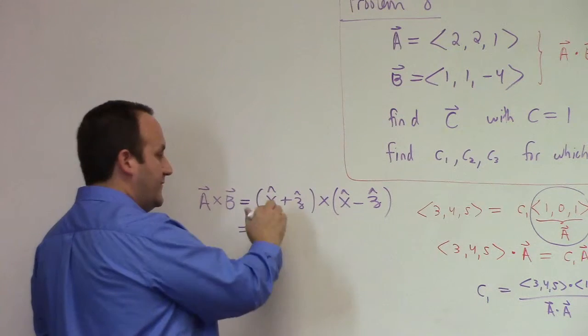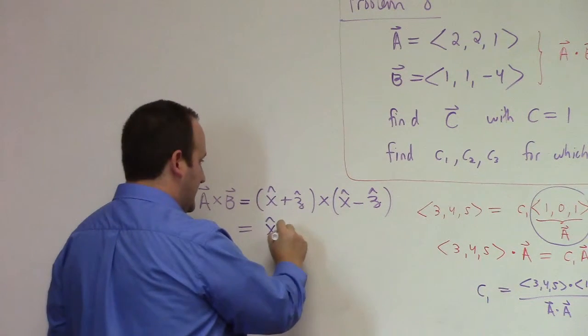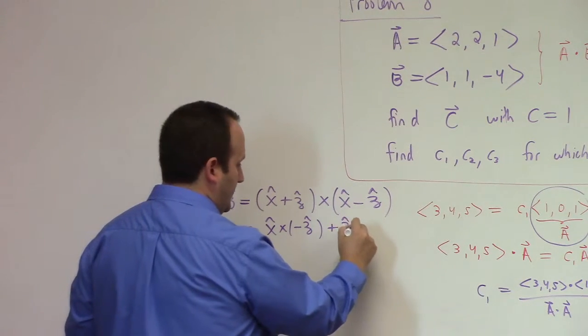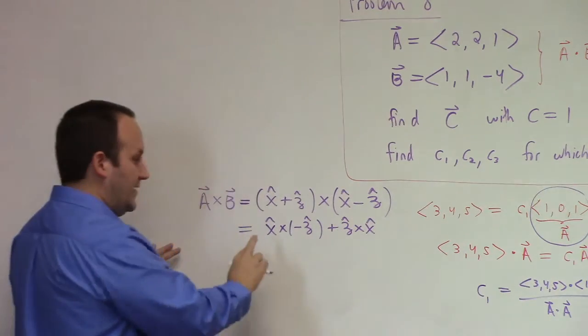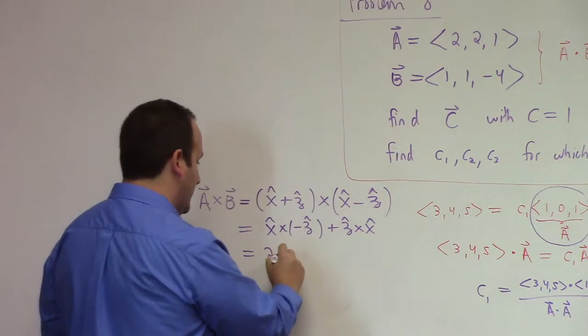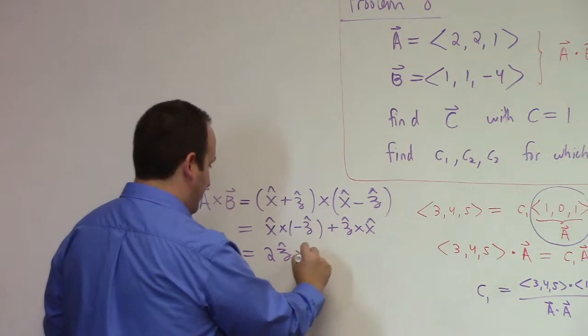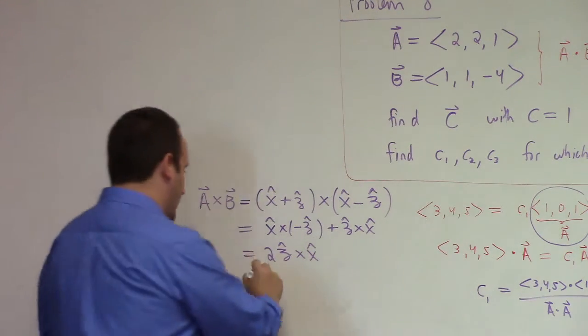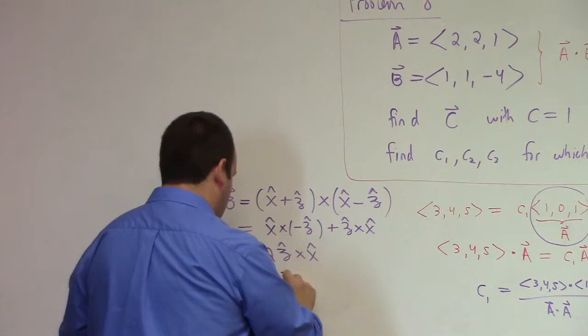The only thing that's non-trivial here is x hat cross minus z hat, plus z hat cross x hat. But if you switch the order and use the minus, this just gives me 2 z hat cross x hat. Which, by the way, is 2 y hat.